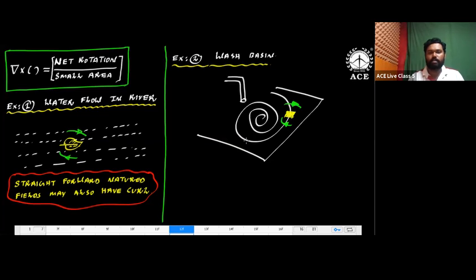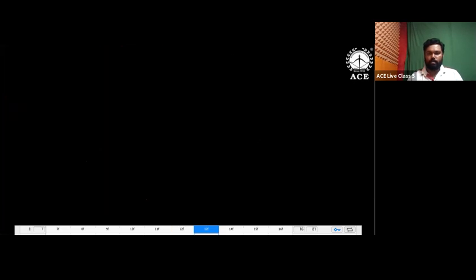The questions I am going to solve in the classroom are collected from previous GATE, engineering services, and ISRO papers, and I have added my own questions also, which are up to the level of the GATE exam, and we will also solve the volume number 1 questions in the classroom.